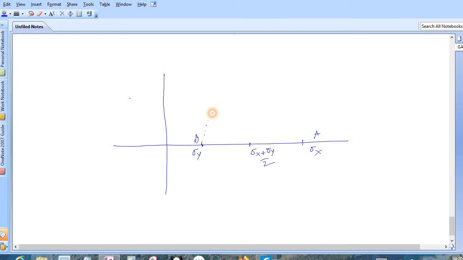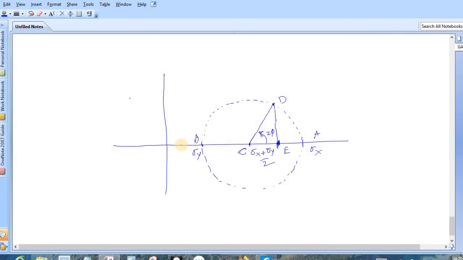This is our circle, and now we will rotate our radius in an anti-clockwise manner with angle 2 phi. So this is point D. What is the normal stress? Normal stress is represented by this point. Let's say this is your C, and this is E.